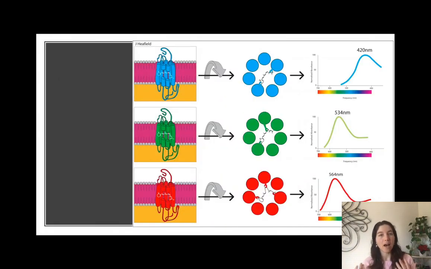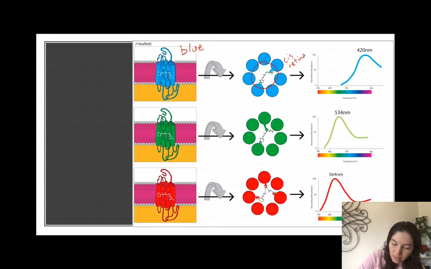So how do we see different colors? We have different types of rods and cones in our eyeballs, and each one of those detects a different color of light. If you'll notice here, we have a blue receptor, a green, and a red. And you can see that inside here is our cis-retinol. This is in each of these here.